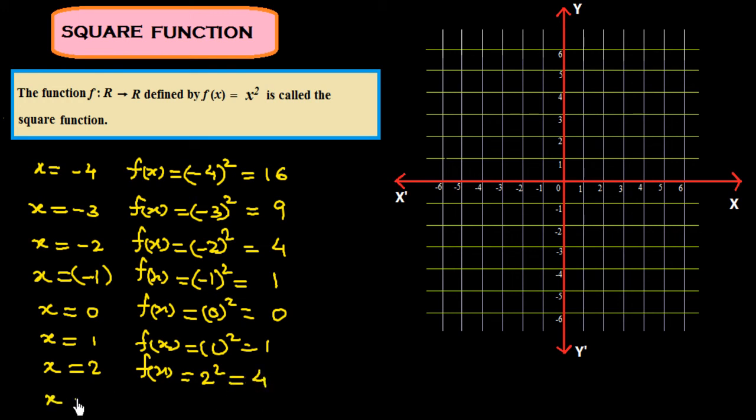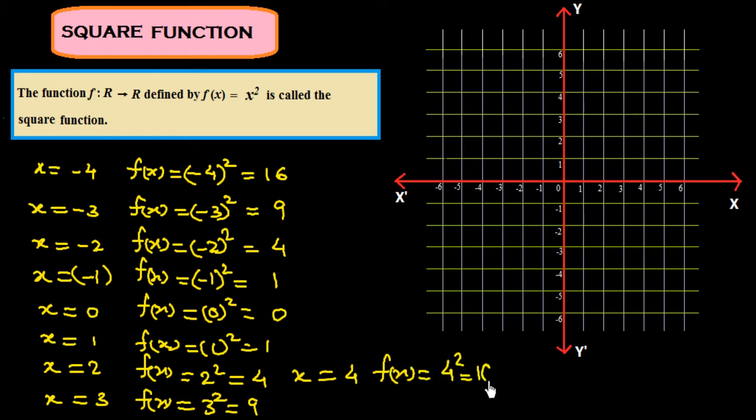If we have x = 3, f(x) = 3², which is 9. If we have x = 4, we have f(x) = 4², which is 16.